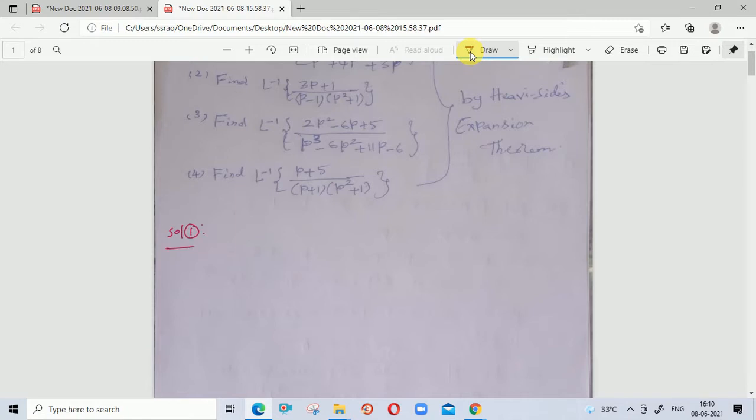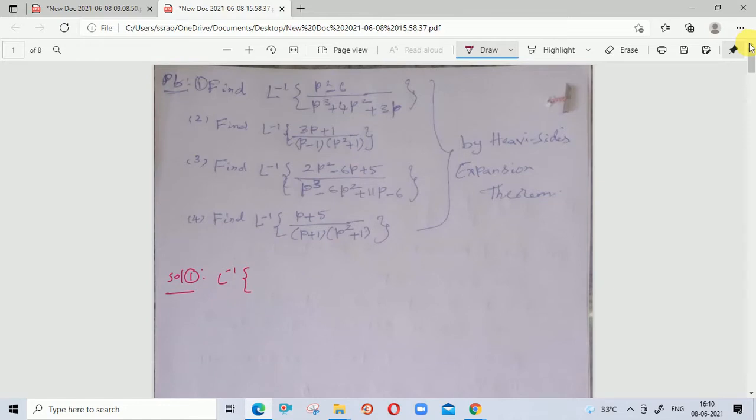L inverse of (p square minus 6) divided by (p cubed plus 4p square plus 3p). This is the problem. By Heaviside's expansion formula, you have to evaluate this.